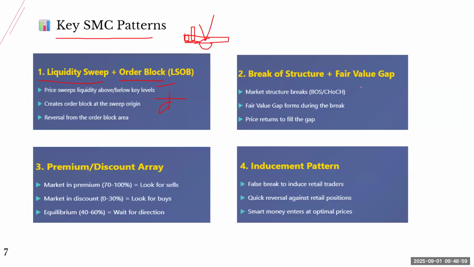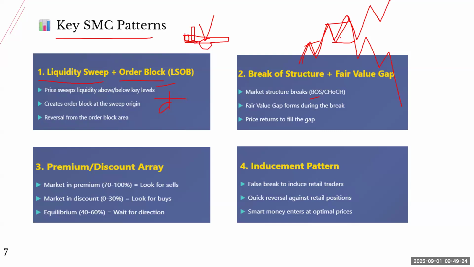Okay, break of structure plus fair value gap. Market structure: break of structure means price continues to go in the uptrend. Change of character means price breaks below the previous low to make a new low. This is your change of character here. Because if price continues to go bullish, it continues to make higher high, higher low, and higher high.